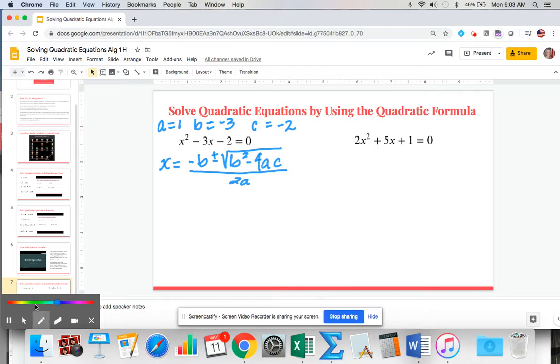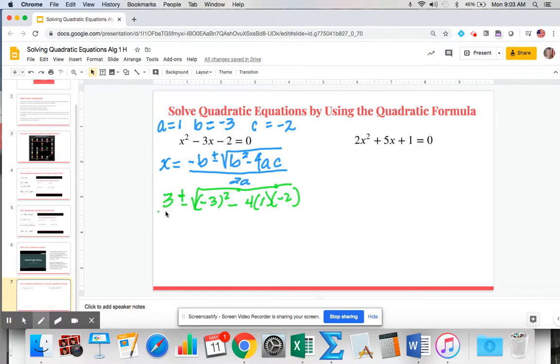What we do next is substitute in the values. So -b means the opposite of b. That's 3, right? The opposite of -3 is 3. Plus or minus the square root of b squared. So that's -3, which should be in parentheses, squared, minus 4 times a, which is 1, times c, which is -2, all over 2 times 1.